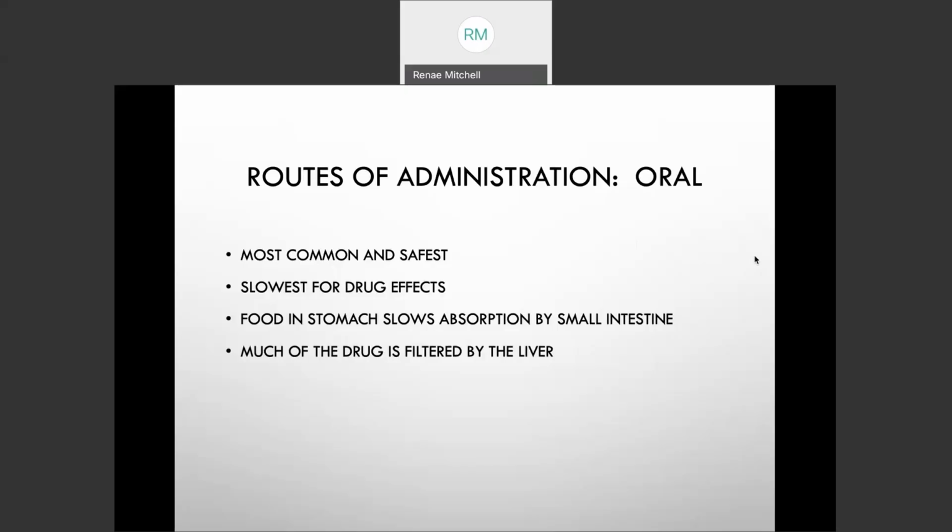And also because it's in our digestive system, the drug gets filtered through the liver. So that biological process of digestion means that the more of the drug is broken down, that bioavailability of the drug, how much of it reaches the receptor sites, is generally lessened through oral administration of a drug.